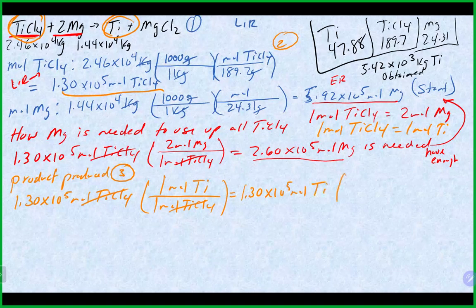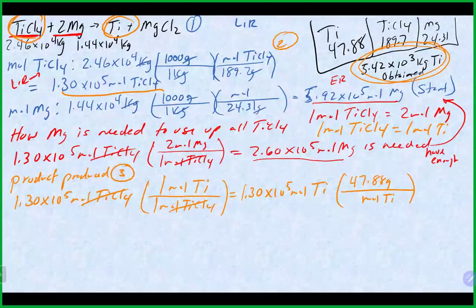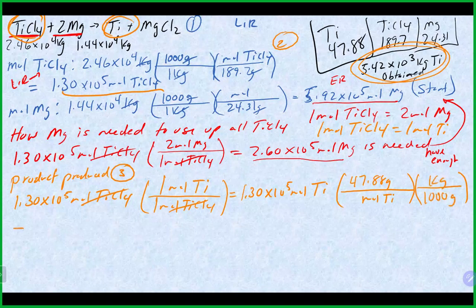And now we can convert the moles of Ti into grams by using the molar mass here. But our actual yield here is in kilograms, which means we probably also want to convert it into kilograms. So everything's the same, 1,000 grams in a kilogram, just to get everybody in the right units.